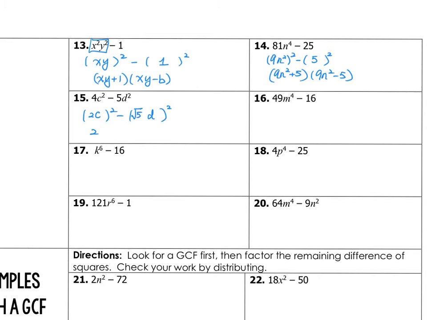So now I have 2c plus root 5d times 2c minus root 5d. Because again, this is my a and this is my b. So it's a plus b times a minus b, right? Make sure it's all matched up.